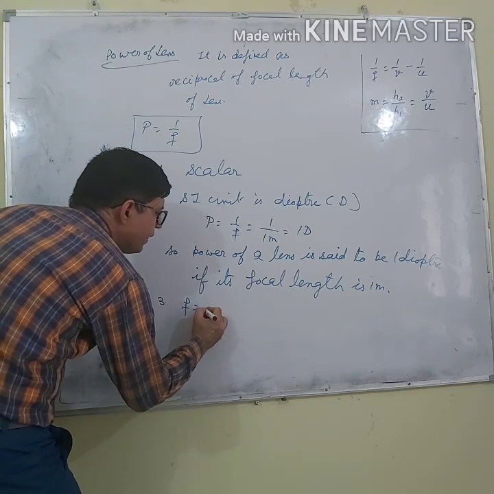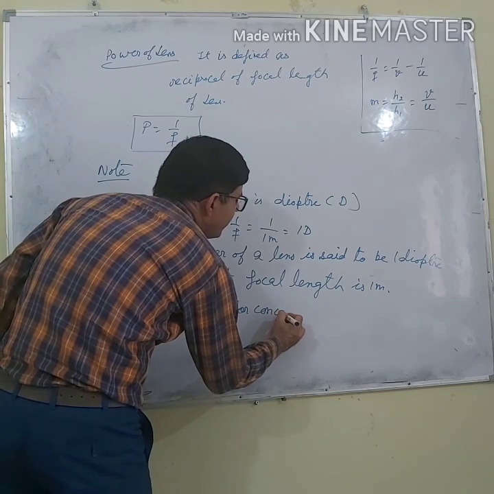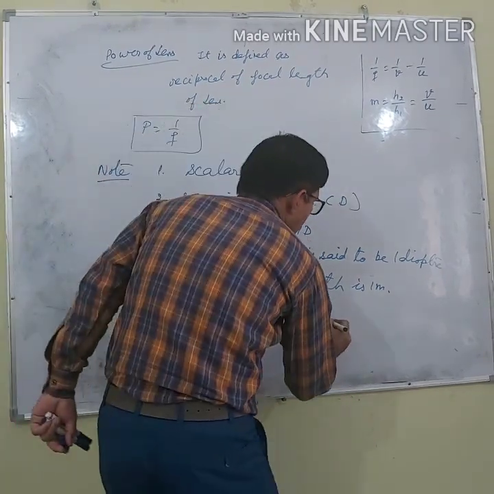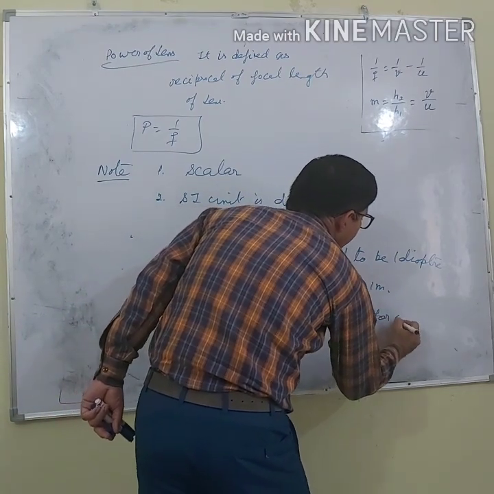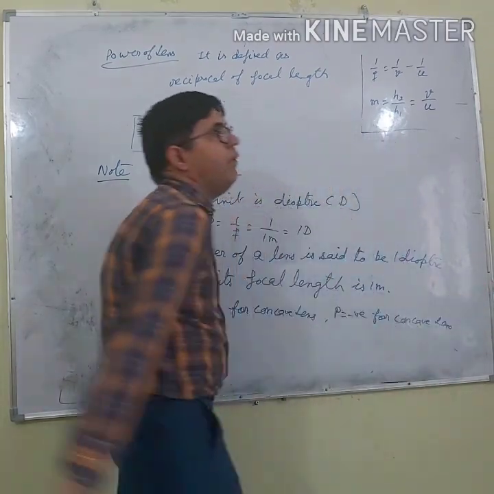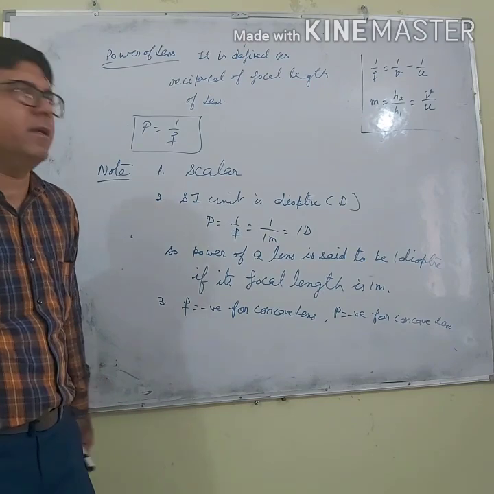Third, focal length is negative for a concave lens, so power is also negative for a concave lens. If the power of a lens is minus 5 diopter, which type of lens is that?